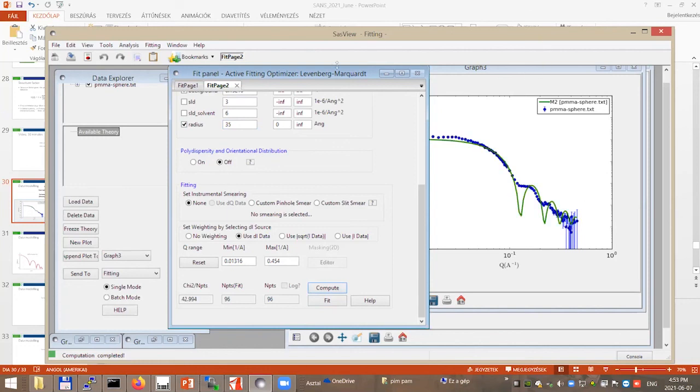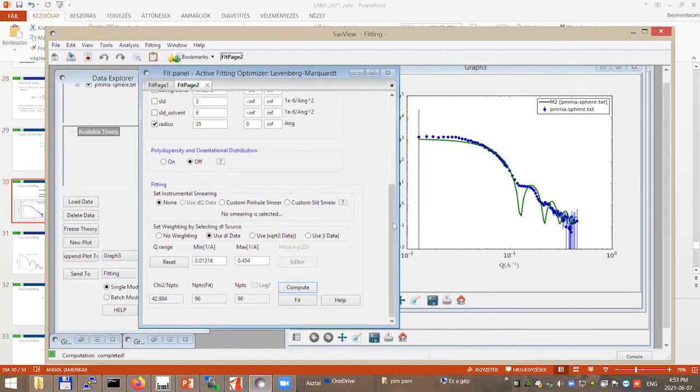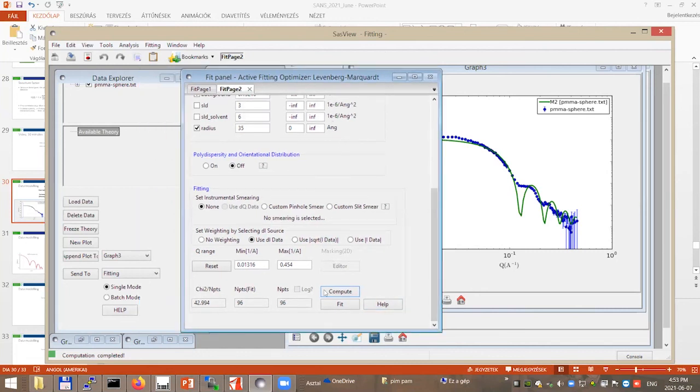So this is one of the reasons, but there is a more important reason: the resolution of the measurement is not perfect. Probably this is a more important message for the small angle scattering business, that it is generally said that small angle scattering is not a high resolution technique.